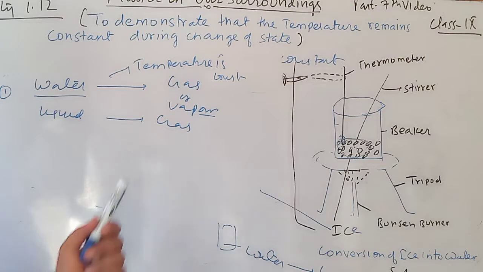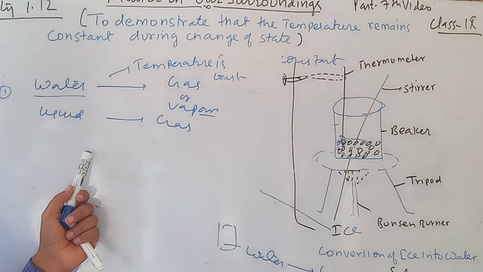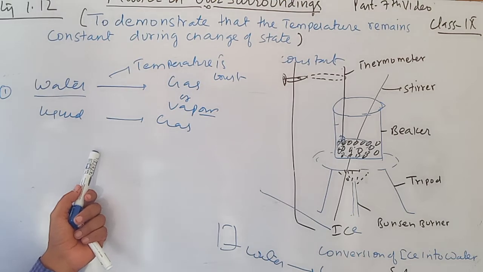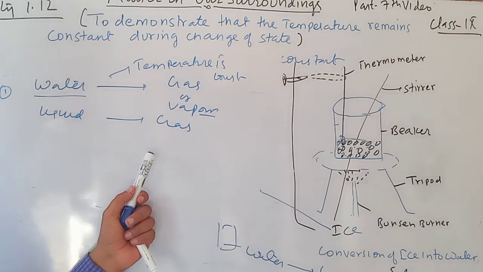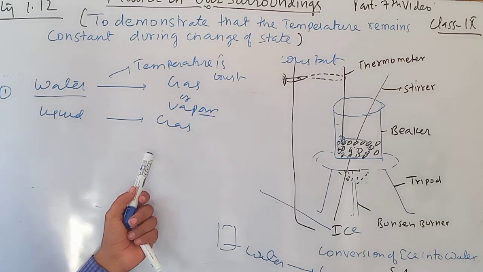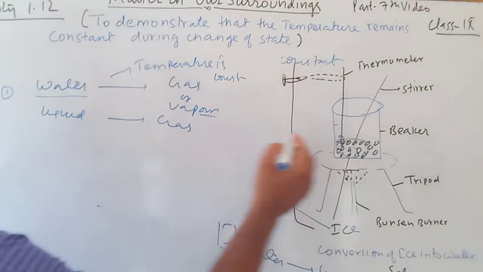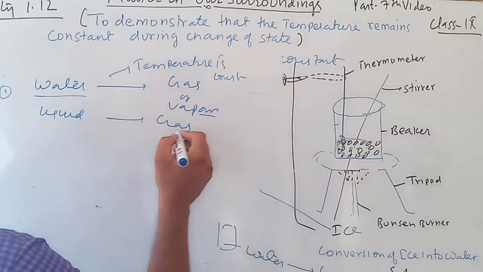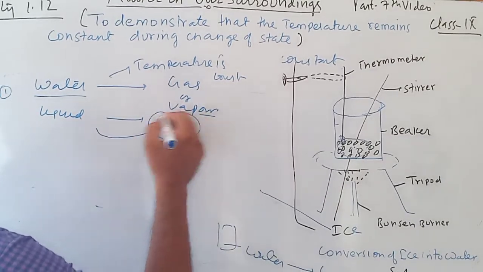So children, same case, when heat is further increased, temperature starts increasing till the boiling point of the liquid is reached. At the boiling point, temperature again becomes constant till all the liquid is vaporized.